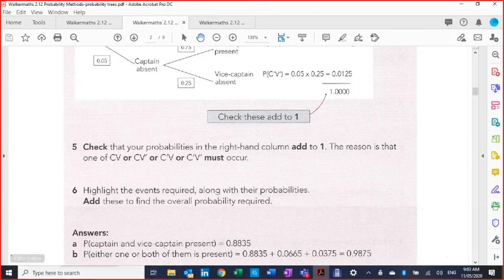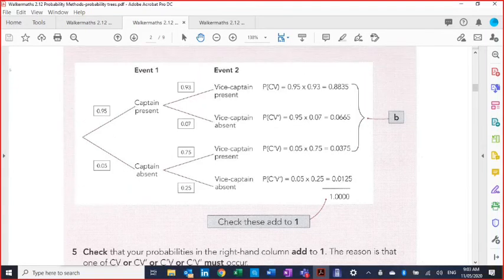Probability that one or both of them is present. Okay? So, it doesn't matter which one. So we just have the probability that one or both. Now, this is not a conditional probability. It's just an or statement. We can accept that one of them is there or both of them are there.